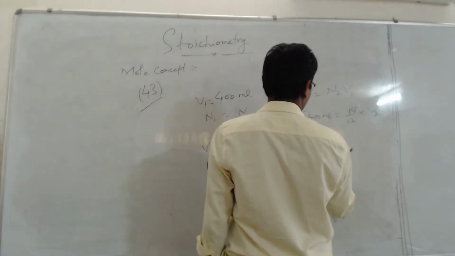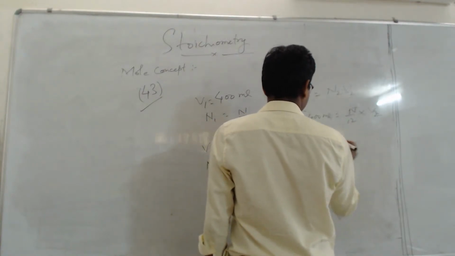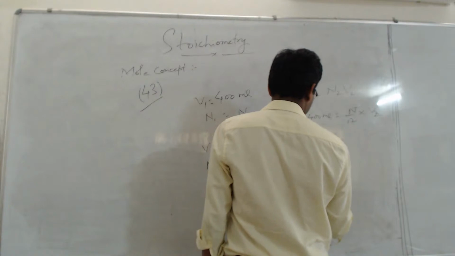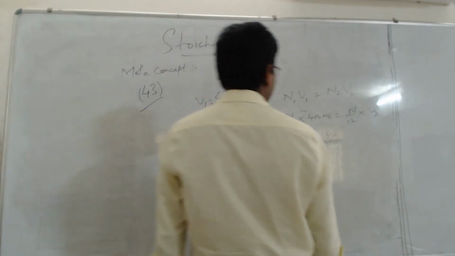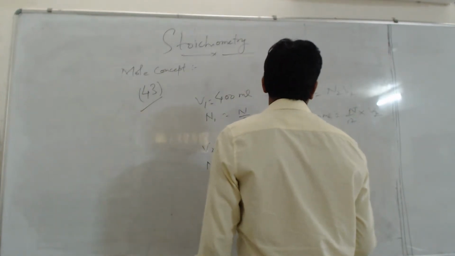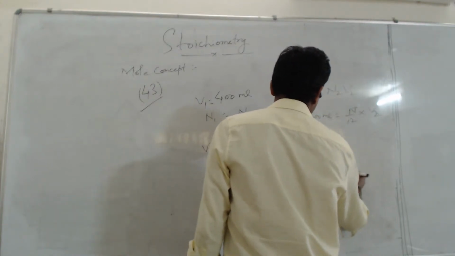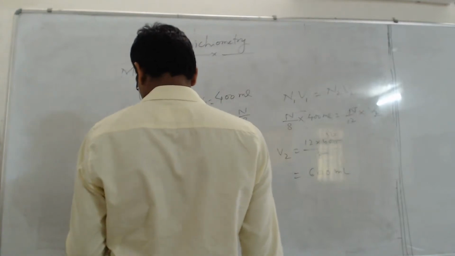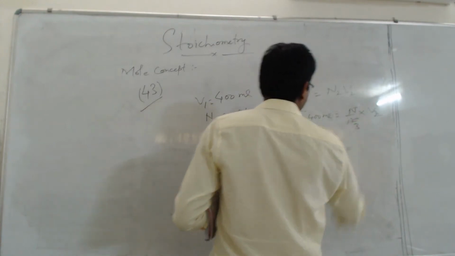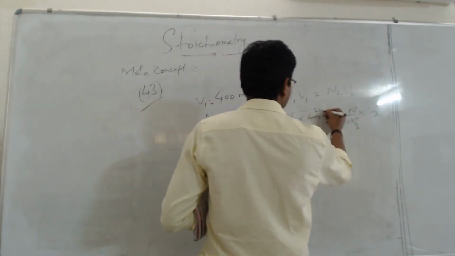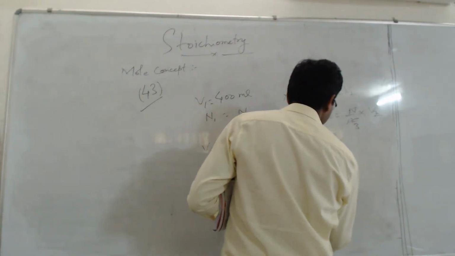So 12 into 400 upon 8, this is V2. It is 600.